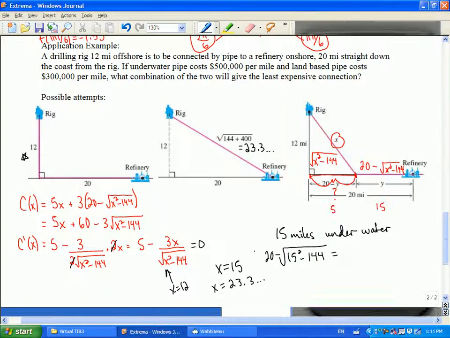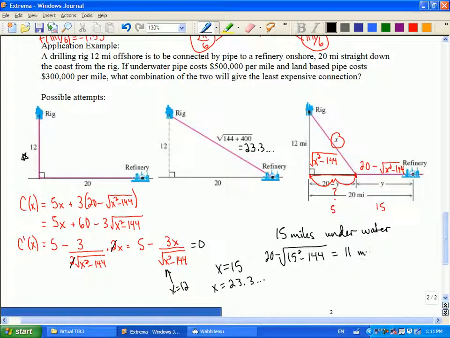So 20 minus 9 is 11. That minimizes your cost.